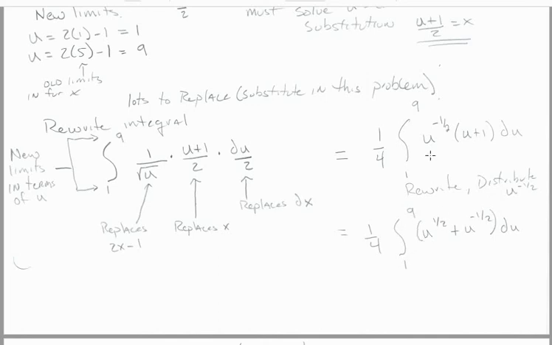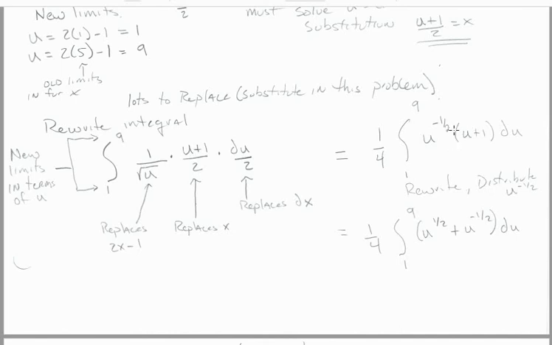I'm going to distribute that u to the minus 1/2 to the u plus 1. There's a positive 1 on that u there. Remember, when we distribute with the same base, we add the exponents. So that becomes u to the 1/2 plus u to the minus 1/2. That original u had a positive 1, which is 2 over 2.